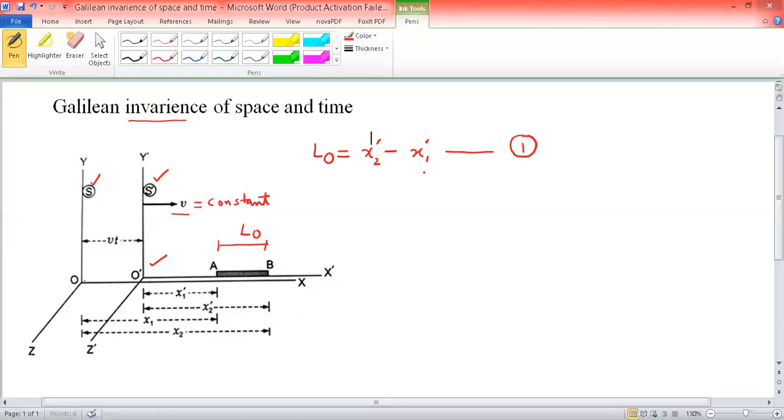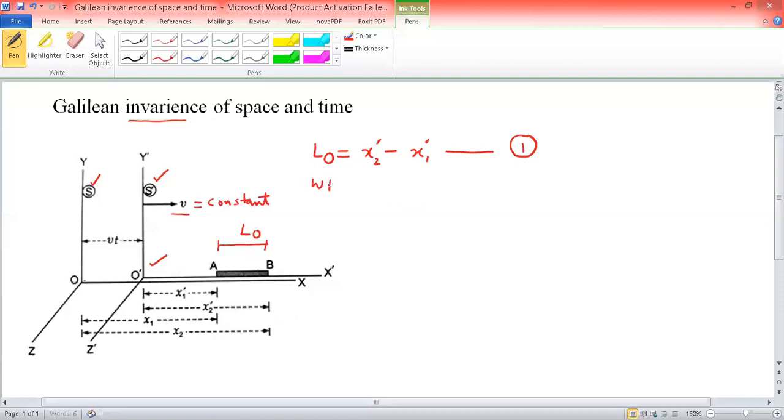Now, in the second part, we would like to calculate the length of this rod AB with respect to the frame S. If we calculate it with respect to the frame S, then we can use the equations of Galilean transformations to do this job.